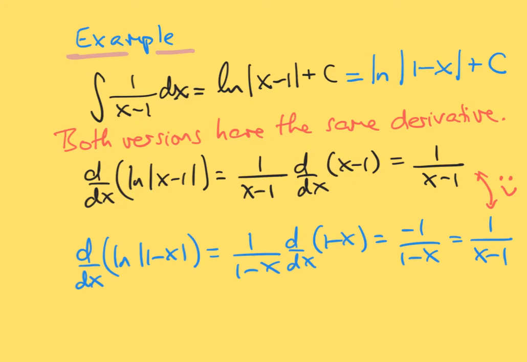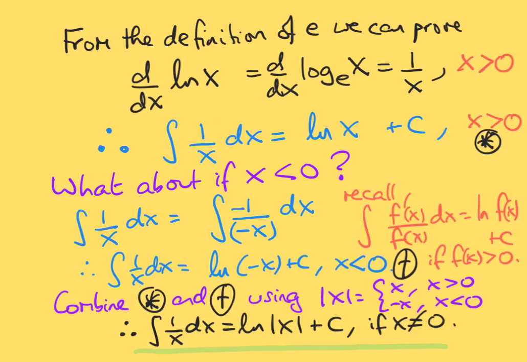So finally, on the next slide, I want to look at why we have the modulus in the first place. So on this slide, I just want to argue why we have the modulus in these integrals.